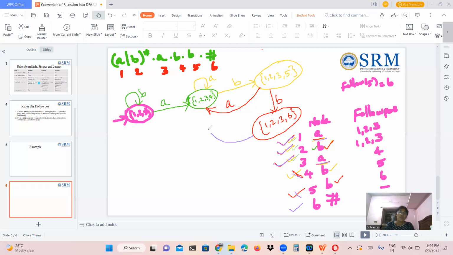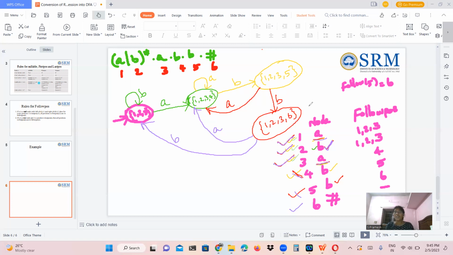So from here to here, the symbol is A. And for 1, 2, 3, 6, the B symbol, I have only one place, that is 1, 2, 3. That is the initial state, right? So from here to here, I'm going to do. That's it, almost over. There is no new state.